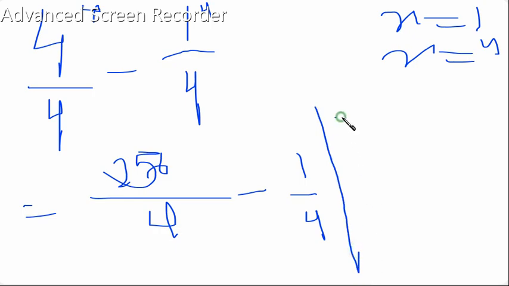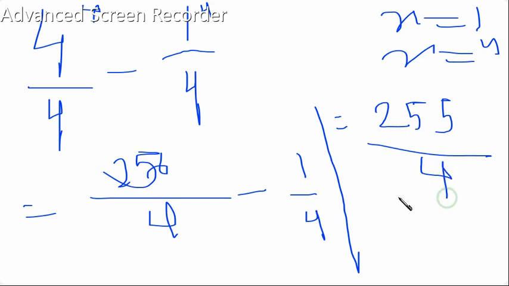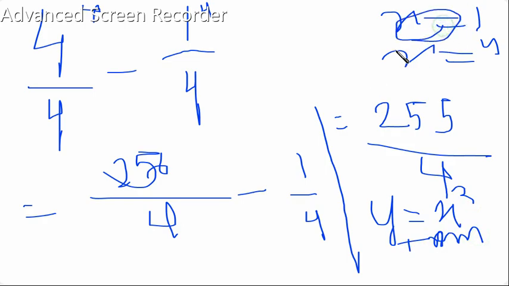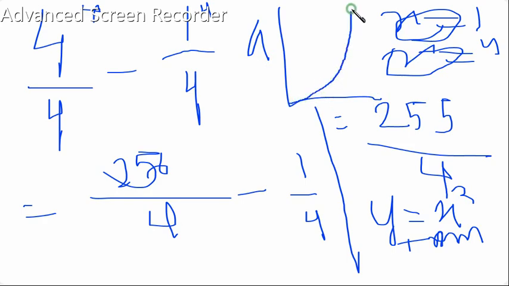So we get 255 divided by 4. So for y equal to x cube from x equal to 1 unit to x equal to 4 units, the area under the curve is 255 by 4.